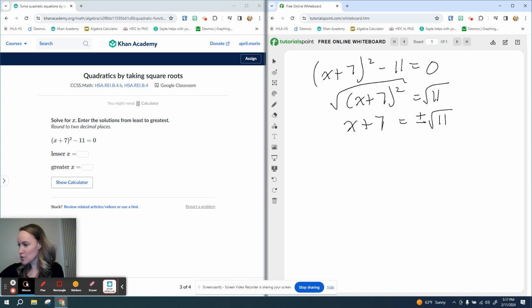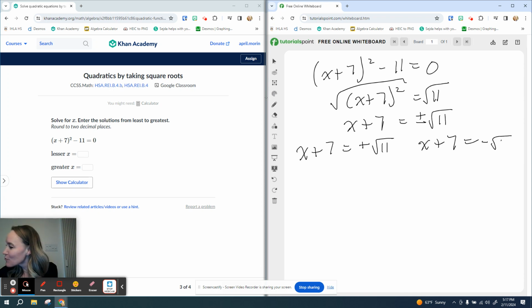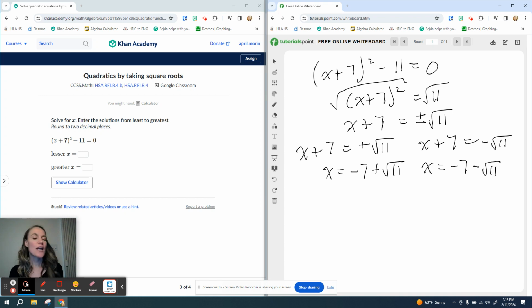So I have two equations. I have x plus 7 equals positive root 11. And then I have x plus 7 equals negative root 11. Not too bad. So I have x equals negative 7 plus root 11, and then I have x equals negative 7 minus root 11. And those are two answers.